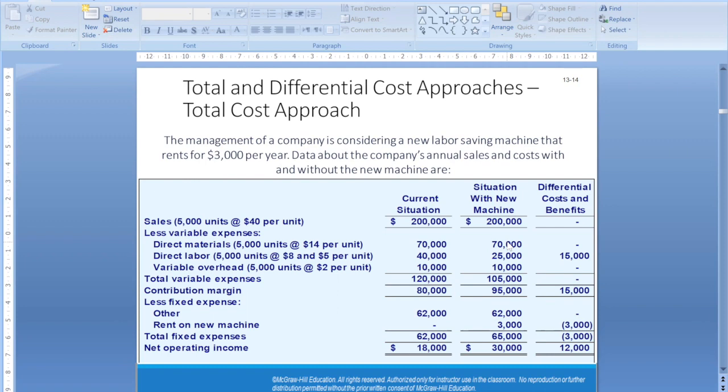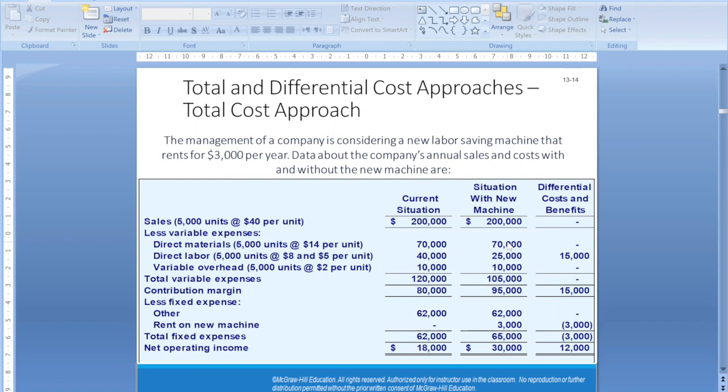The contribution margin, which is the difference between the sales and the variable expenses. For the current situation, we have $80,000, which is the difference between $200,000 and the $120,000 total variable cost.